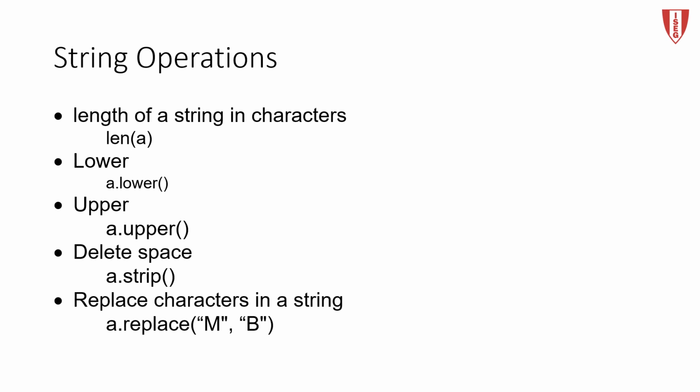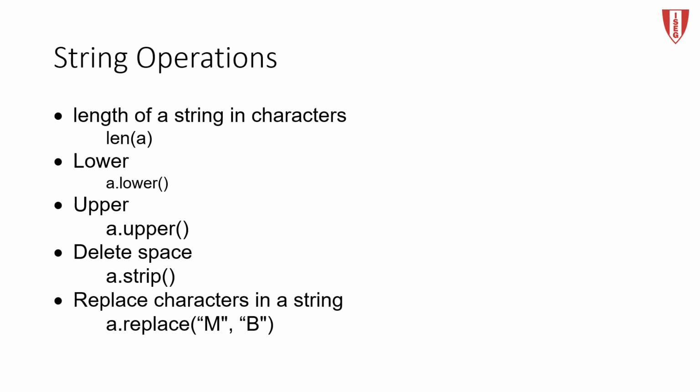Here we have several operations with strings. We start by using the len function that shows us the length of a string in characters. Then we may use the lower method that converts all the characters stored in the variable into lowercase. Then we may use the upper method that converts all the characters stored in the variable a into capital letters.